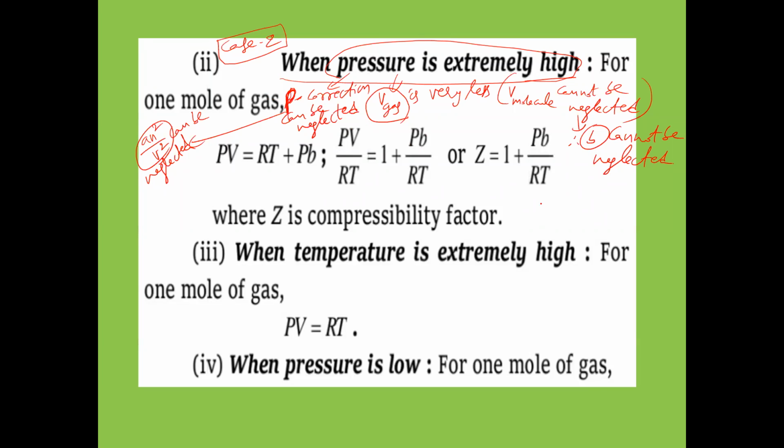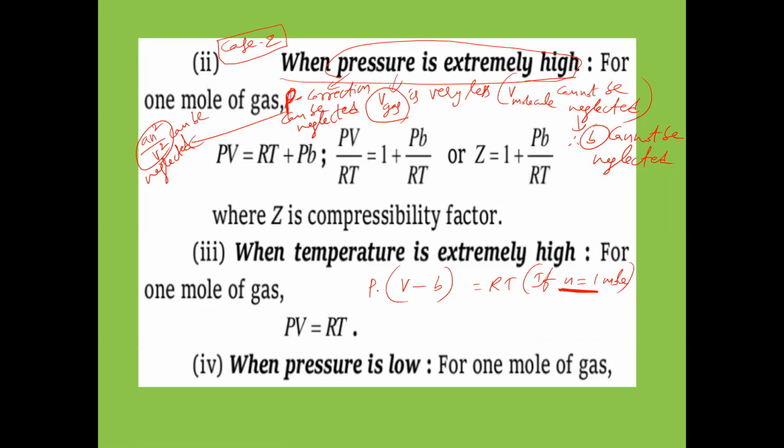Now see here. First tell me, what is the equation now? What can we write in this condition? P into V minus b is equal to RT. If n equals 1 mole, in place of n we can write 1. So here P plus a n square by V square we neglected, na?